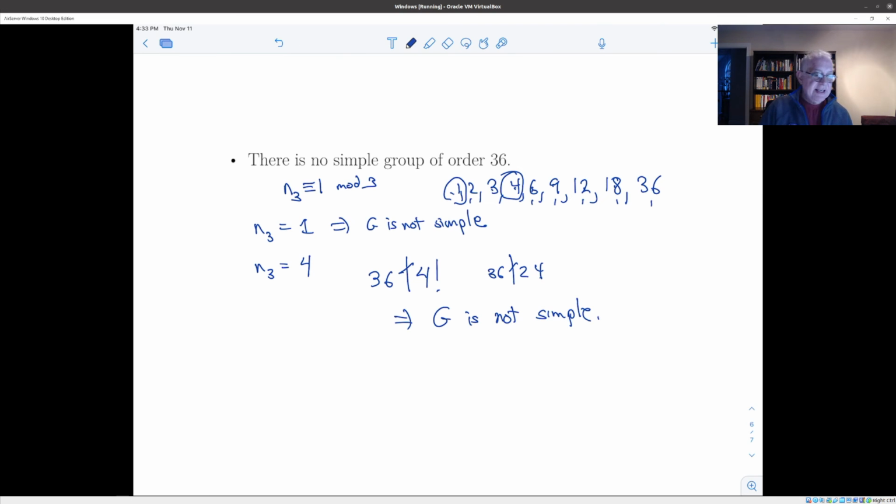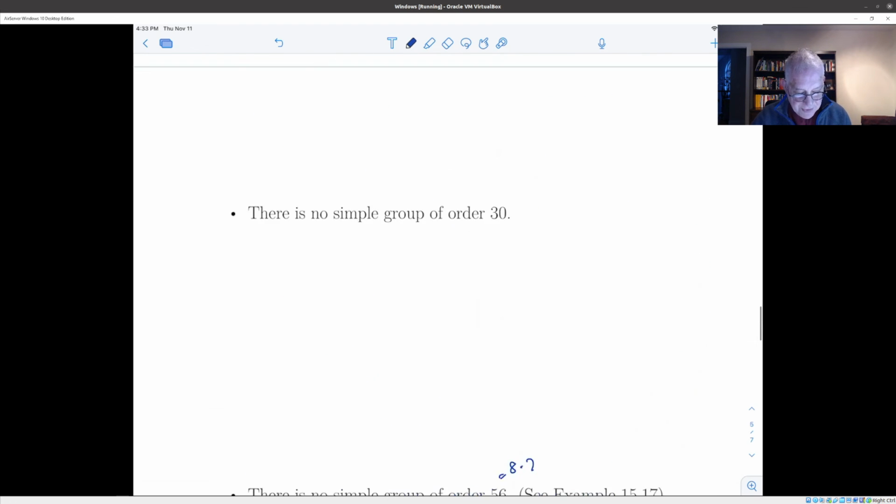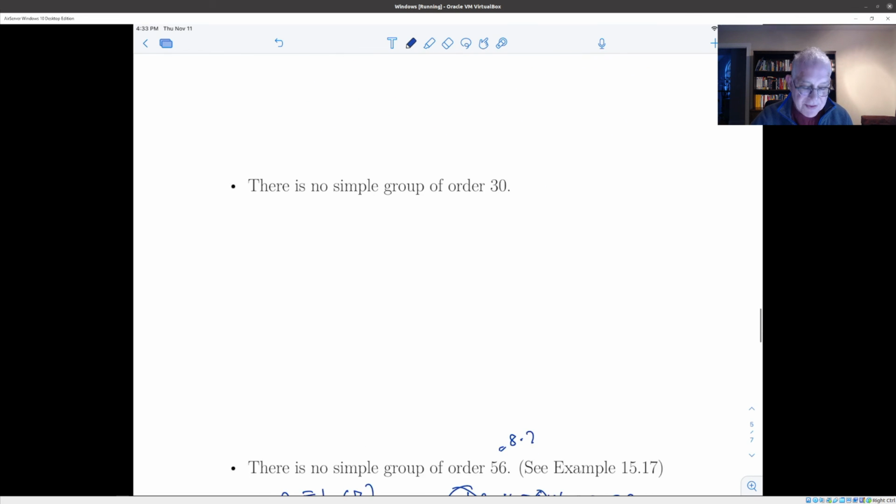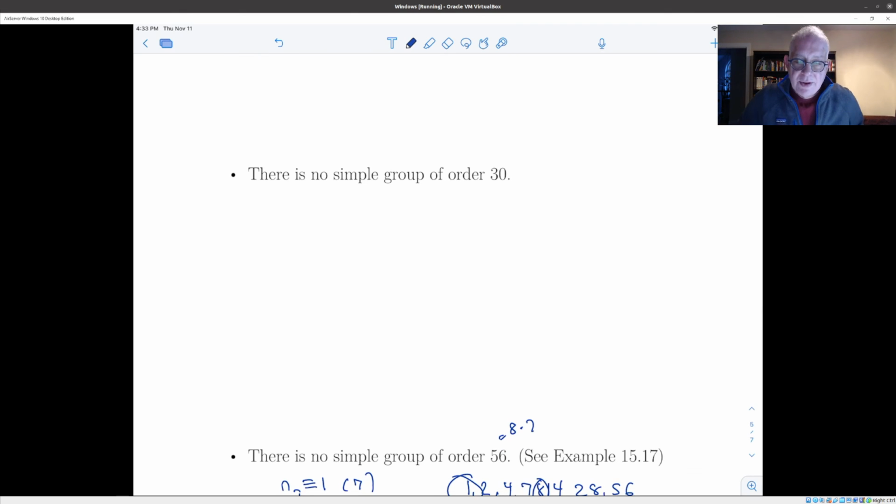And all of this leaves us finally with the case of 30. And 30 is different from these other numbers because it's a product of 3 primes. And so we need a little bit of a trick to do 30. So let's look at the number of 3 Sylow subgroups. The divisors of 30, just to get this on the record, are 1, 2, 3, 5, 6, 10, 15, and 30, I believe.